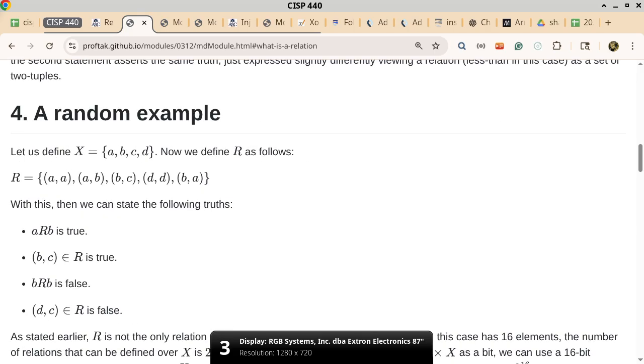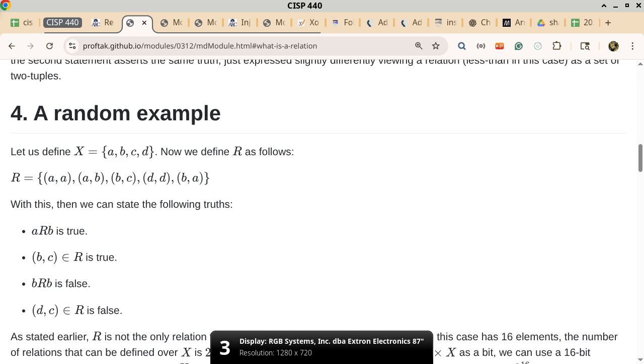Now we're going to look at some random relation. In this case, I define X to have only the elements A, B, C, D. I define R to be a subset of X Cartesian product with itself. First of all, do we all agree that this particular R is a subset of the Cartesian product of X and itself?